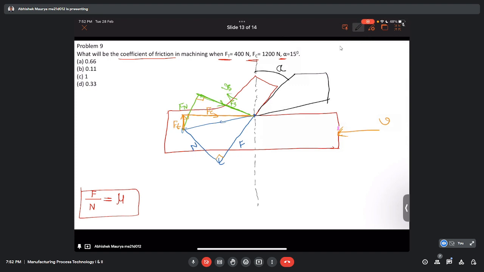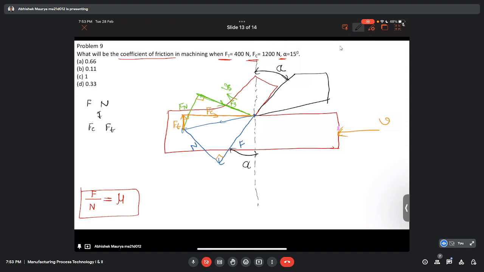Since this angle is alpha, therefore this angle will also be alpha. Between what forces are we looking for the relationship? It is between F and N, and FC and FT.